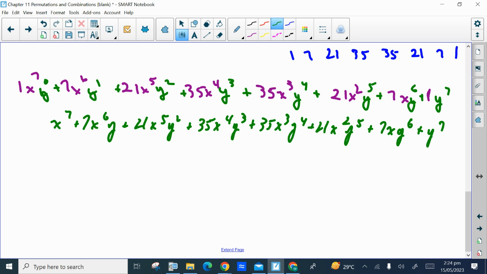So there's the entire expansion. And we were asked for the third term, which would be 21 x to the 5th y squared.